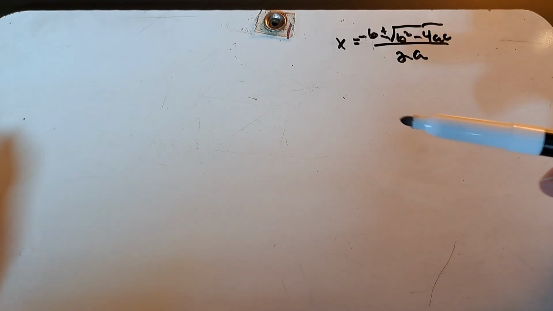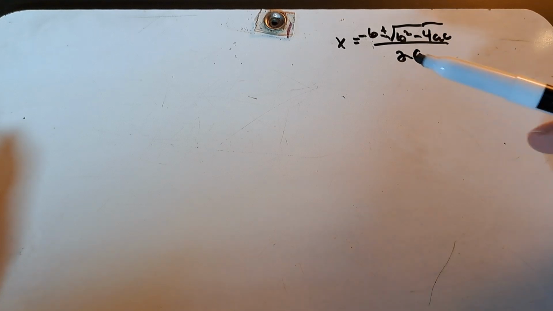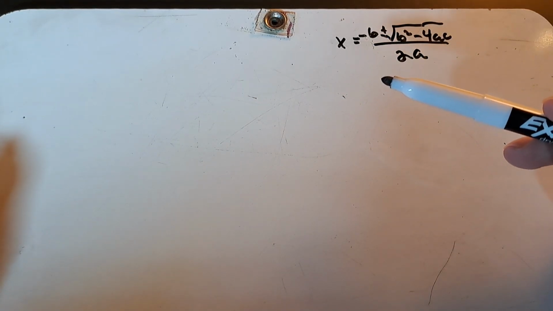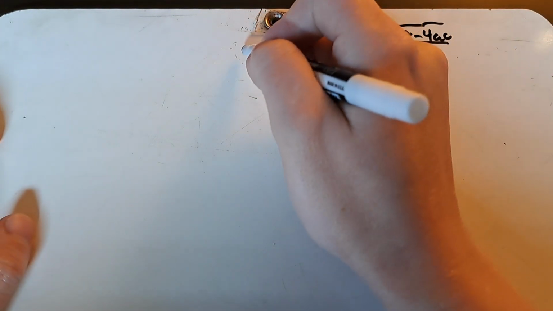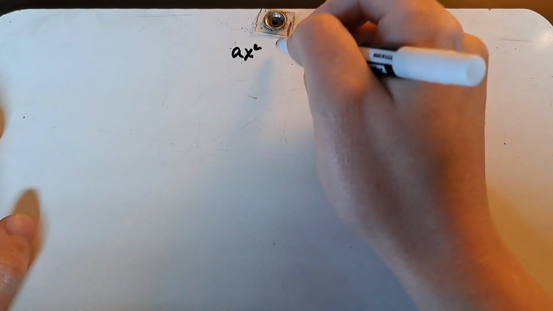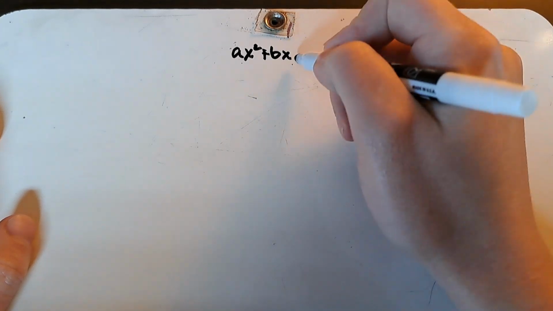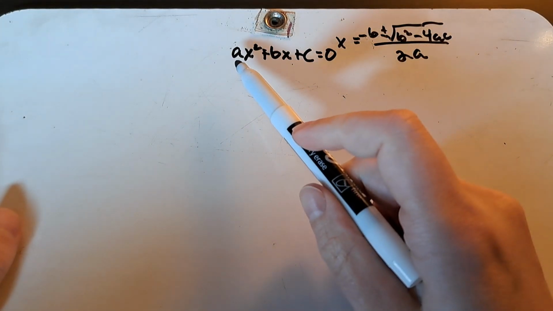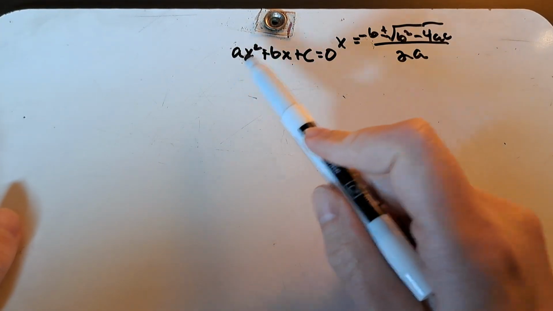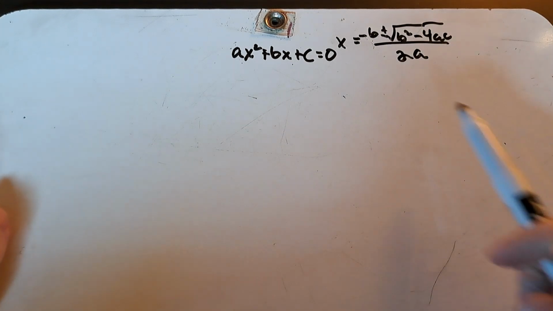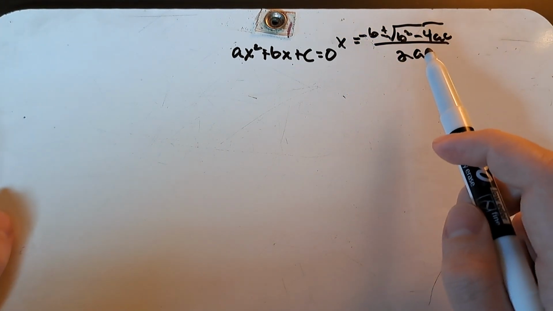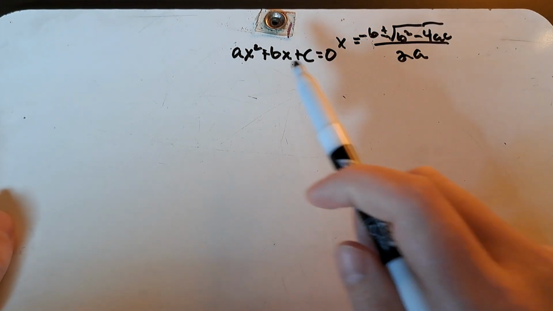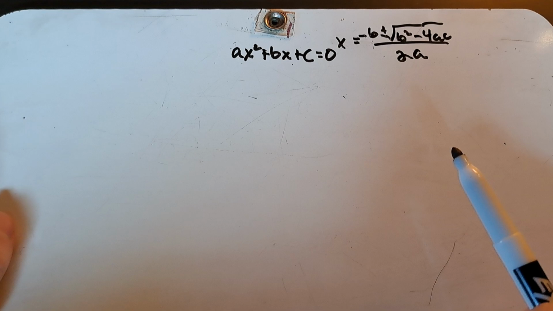When we have a quadratic equation, we set one side equal to 0, so ax squared plus bx plus c equals 0. Then we can use the coefficients to plug into the quadratic formula and find the x-intercepts if I were to graph this function.